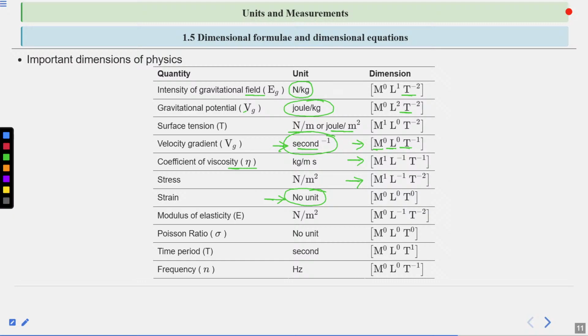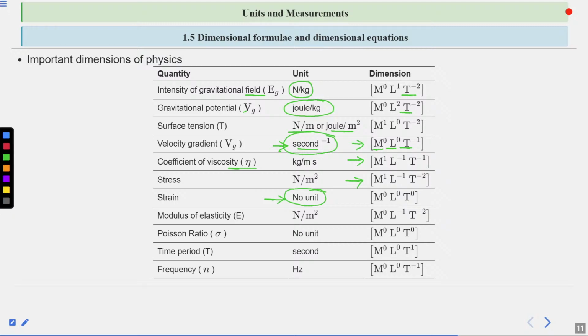Next is modulus of elasticity. Unit is Newton per meter square, and its dimensional formula is M L raised to the power minus 1 T raised to the power minus 2.